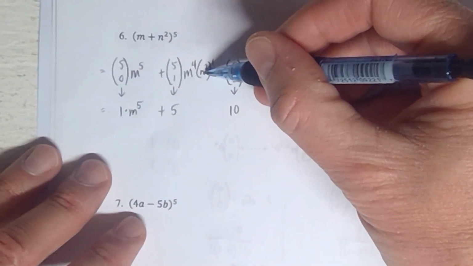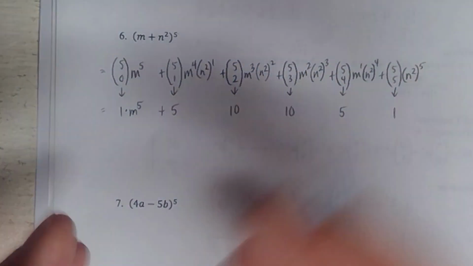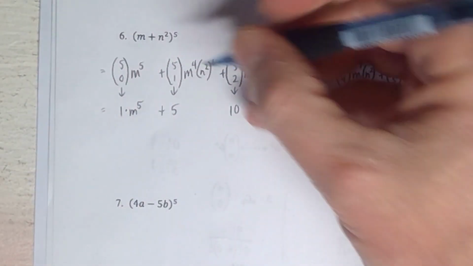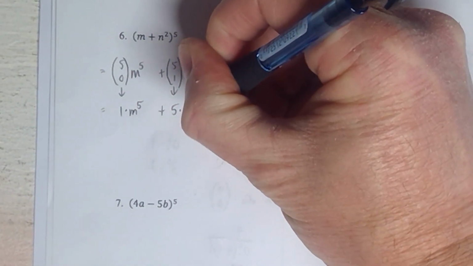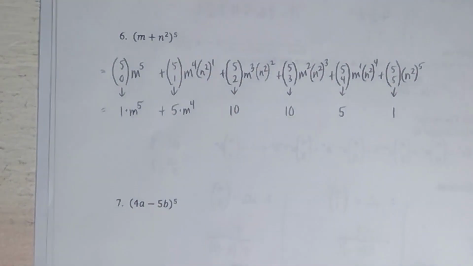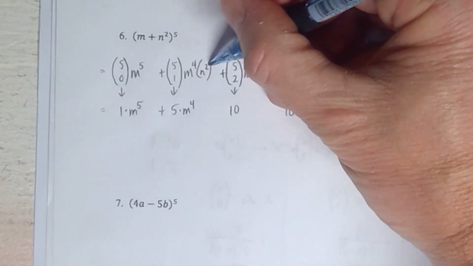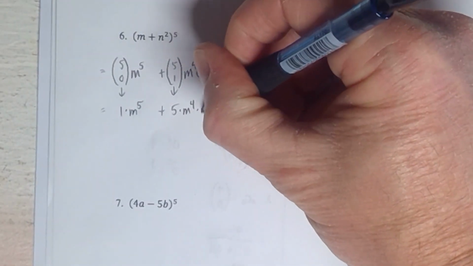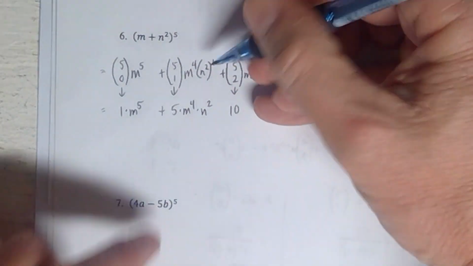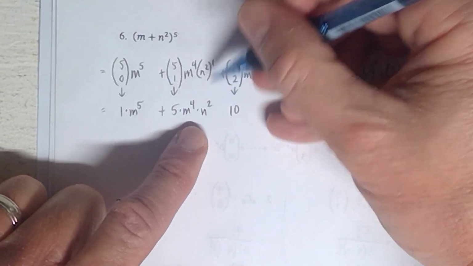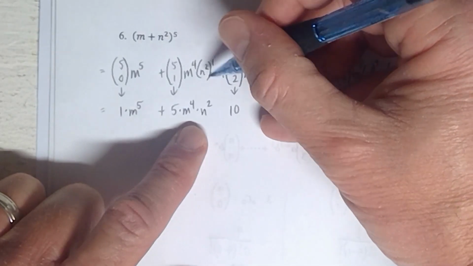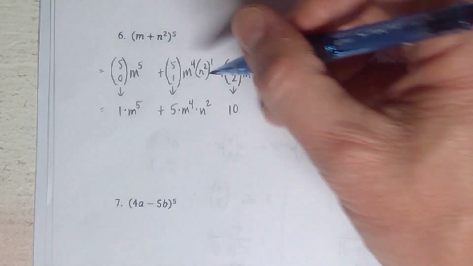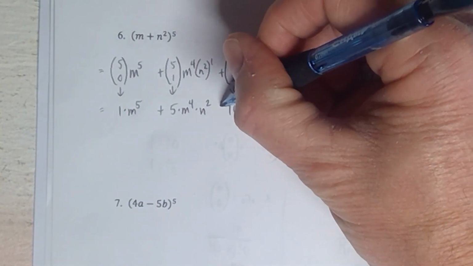On the other hand, n squared, when you take it to a power, now that's something you can compute, okay? So m to the fourth stays the same since it's just m to a power. N squared to the first, 2 times 1 is just 2, all right? And we knew that anything to the first power is going to be equal to the same thing anyway, but that's how you would normally do it: you multiply the exponents, okay?